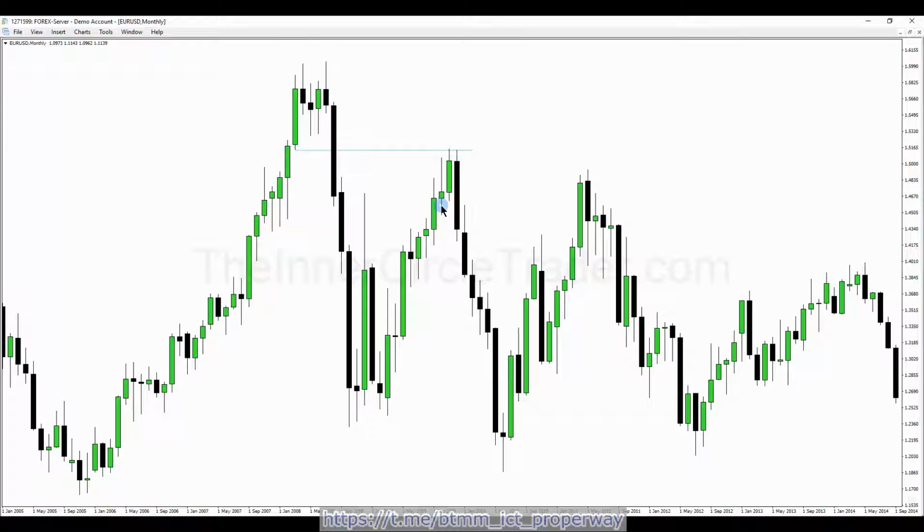The idea is if we see this on a monthly chart, we can go into the marketplace and anticipate an ideal scenario to unfold in this area here. Now, let's drag it right up to the low because it ain't that big. So we have that low to the opening price.